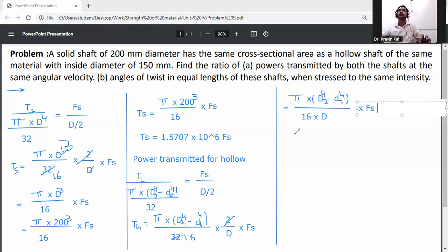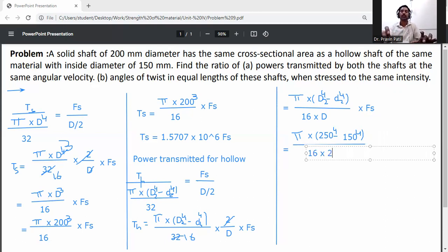So it will begin. Write down: τh is equal to Fs π value into capital D raised to 4, it will be 250 raised to 4 minus 150 raised to 4, divided by 16 into capital D, which is 250.